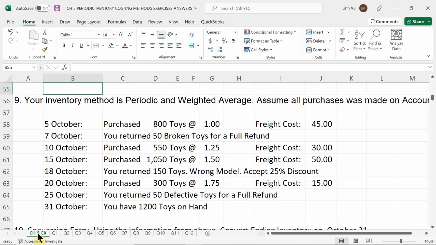October 15. You end up purchasing an additional 1,050 toys at $1.50 with the freight costing you $50. So 1,050, 150, and 50 on October 15.